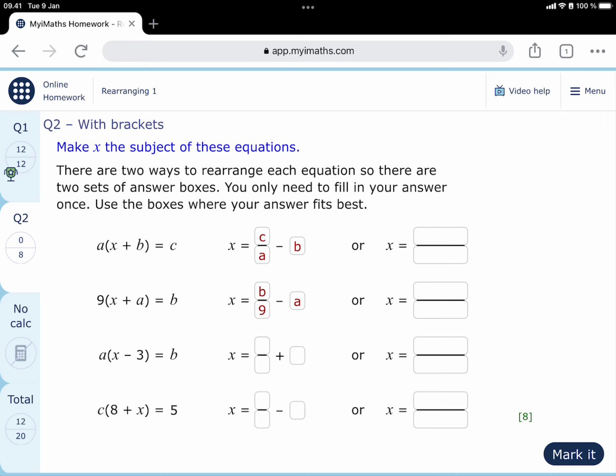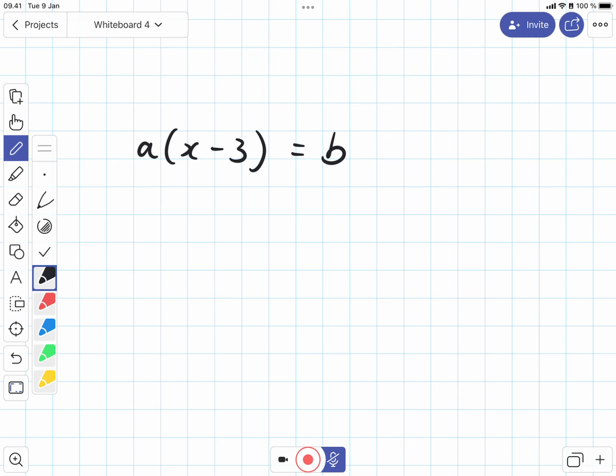The next one says a(x − 3) equals b. I'll get closer to the x if I divide everything by the a, so that I'm just left with the stuff that was in that bracket. But I have to do exactly the same on the other side as well to maintain the balance.